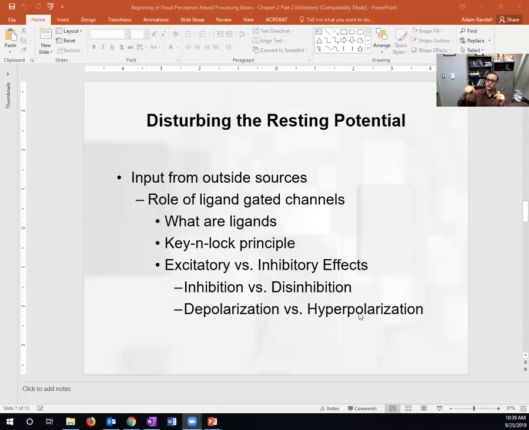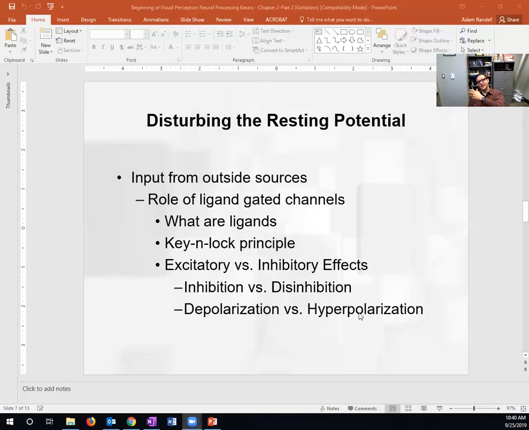All right. So if a molecule comes along, opens up a channel that allows sodium inside, and sodium's positively charged, it adds a positive 1 to negative 70, moving it to negative 69, meaning it's moving closer to zero, meaning it's depolarizing. So if the right molecules come along, open up the right channels, sodium comes in, it can depolarize the neuron.